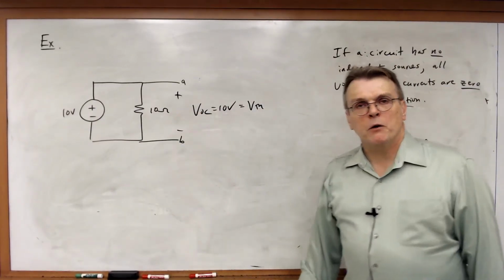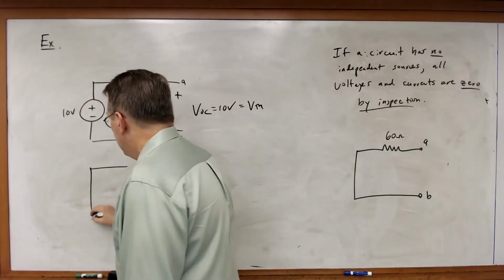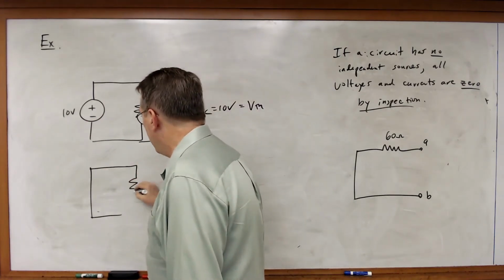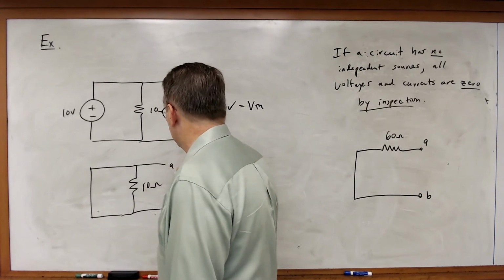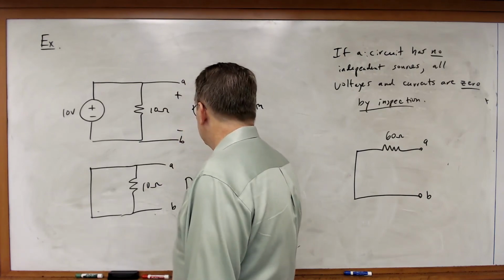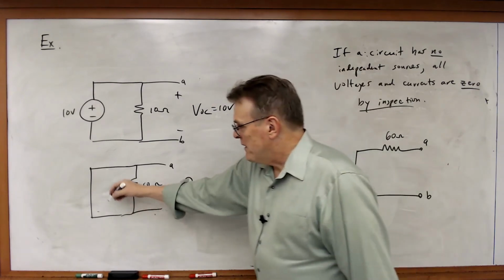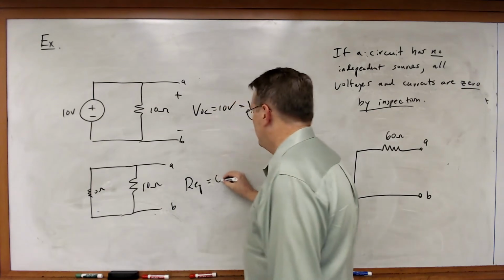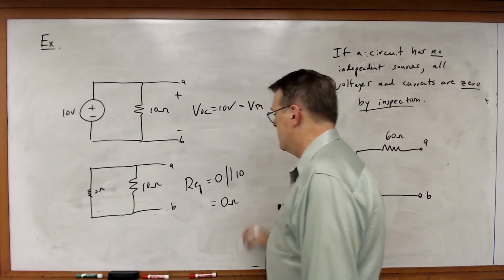What about the Thevenin equivalent resistance? Well, I short out that voltage source. Now I've got a wire in parallel with a 10 ohm resistor. What is my equivalent resistance between those two nodes? If I think of this wire as being a 0 ohm resistance, then it's 0 in parallel with 10, which is just 0 ohms.